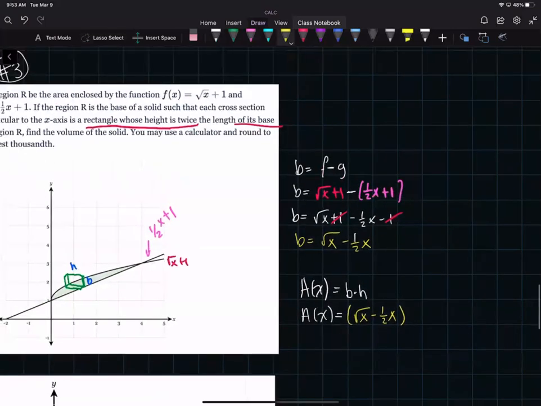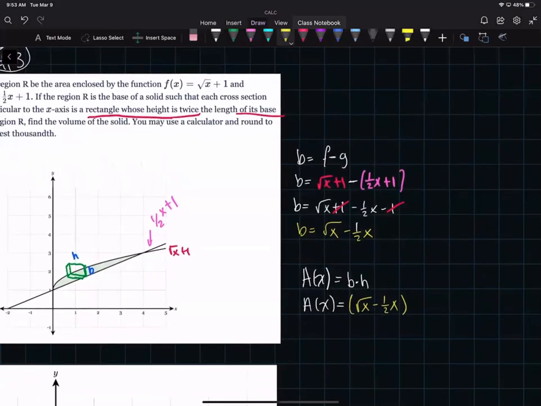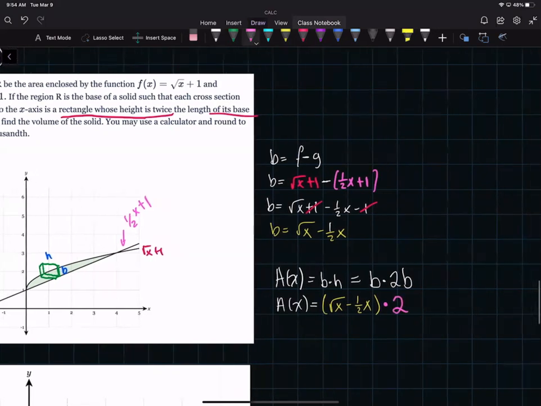What is my height? My height is going to be 2b. So in other words, I can write a of x as b times 2b, all right? Because the height is equal to 2b. They tell you, rectangle whose height is twice the length of its base. So my height is 2b. So I'm going to go ahead and now put times 2 and then b, which is radical x minus a half x.